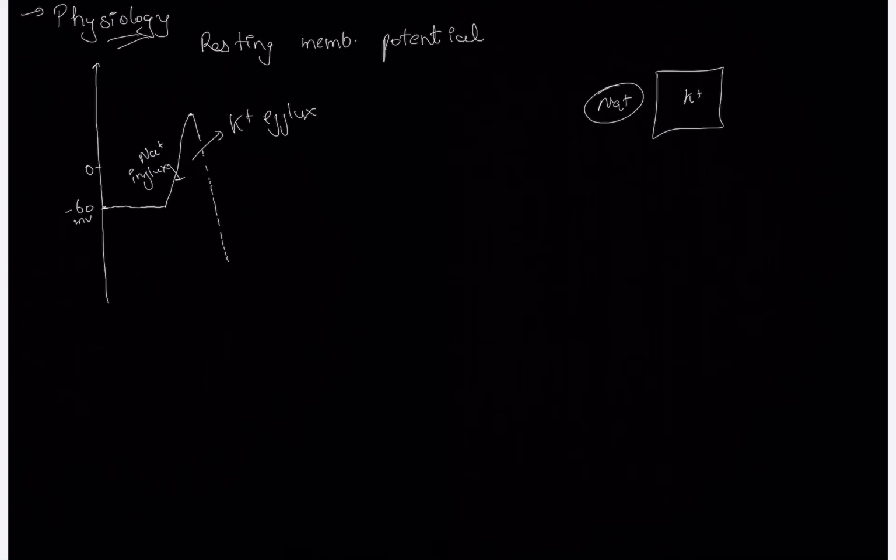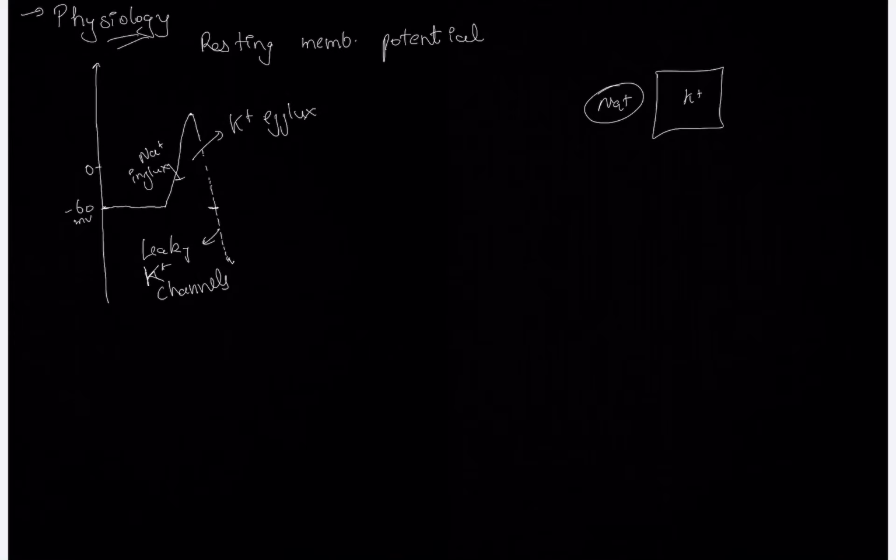Now it should go to the resting membrane potential, that is minus 60, but because of some leaky potassium channels, it goes more towards the negative side.